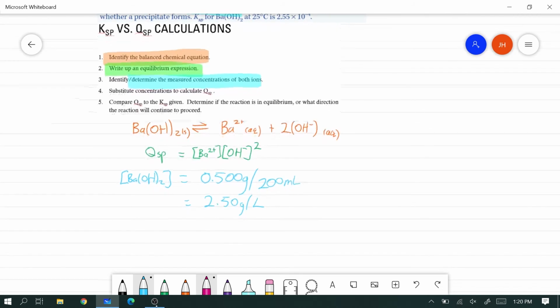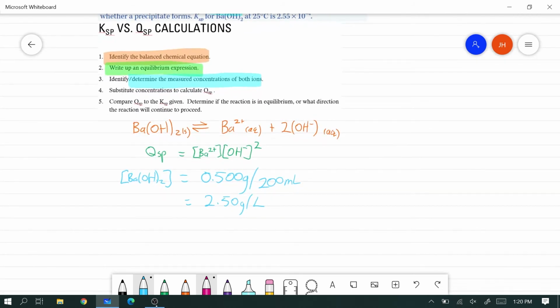Next thing that we need to do is find the molarity. So to do that, we need to know how many moles this mass is. So n is equal to m over MM, which is equal to 2.50 divided by the molar mass. Again, you can just find that by adding up all the substances from the periodic table and looking at their molecular masses. So 171.3, I should say, is our number there.